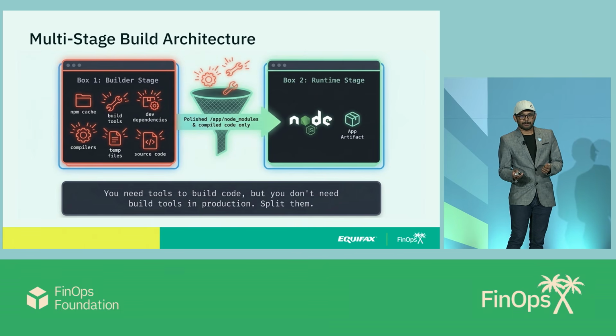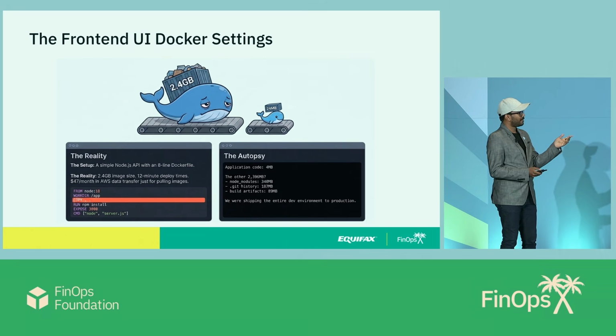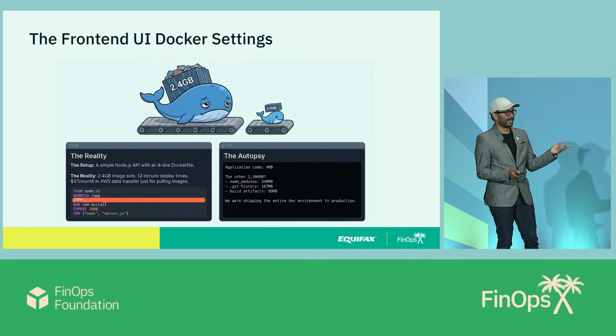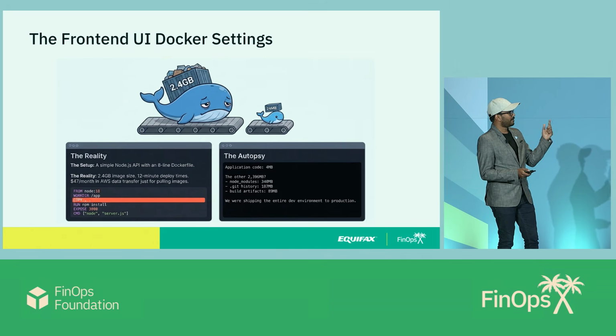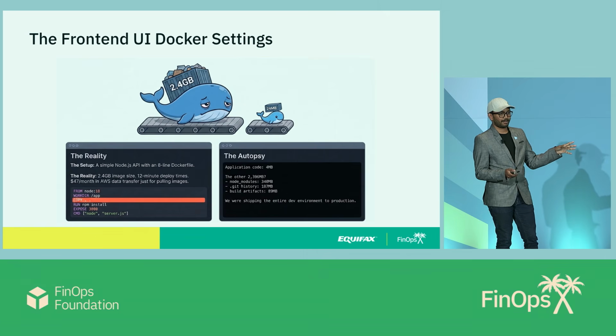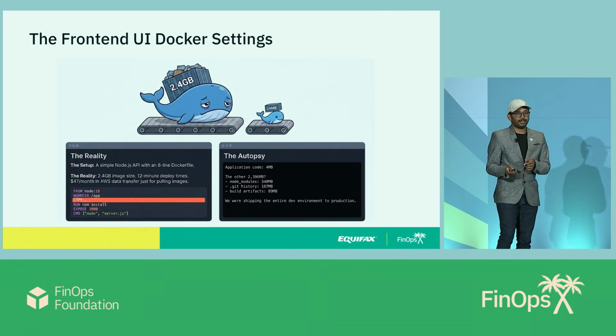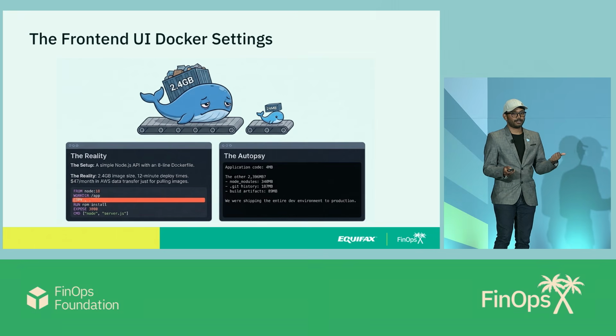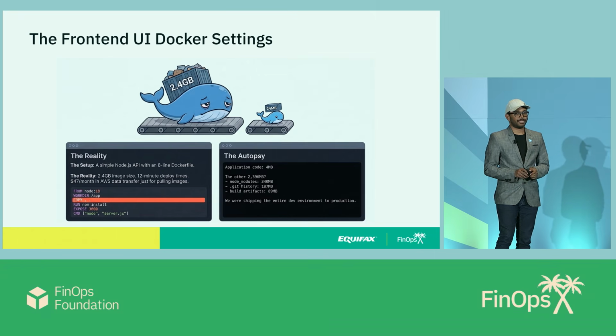Let's see this simple code that was generated by the AI, where we have a simple setup of the Docker, which has generated around a 2.4 GB Docker image of a simple Node.js API application. This isn't just going to be slow, it's expensive because of the transfer rate and the storage, right?